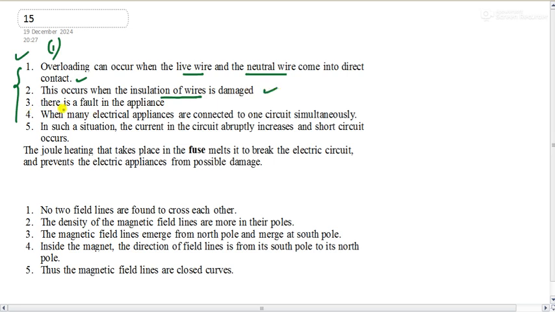Also it can occur when there is a fault in the appliance. And one more reason is when many electrical appliances are connected in one circuit simultaneously. Out of these 4 you can write any 2 points.